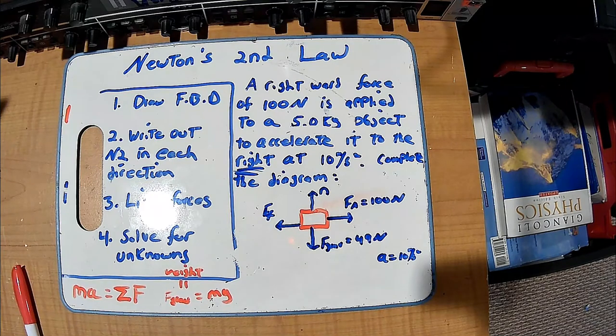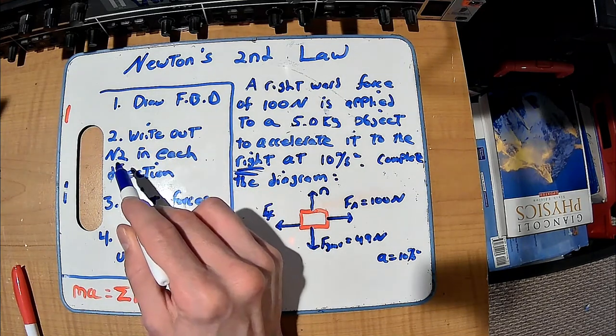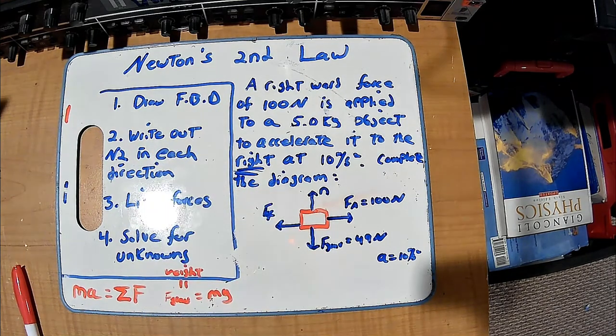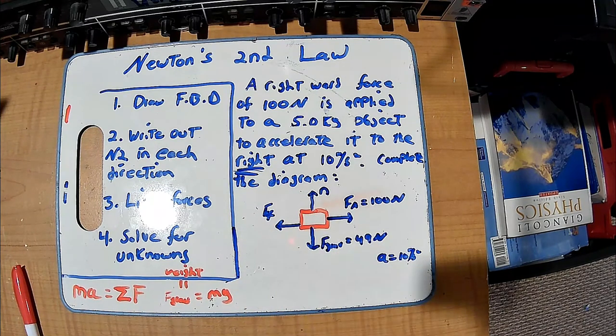Okay. Now, let's follow the second step here. It says write out Newton's second law in each direction. Now I'm going to start with the y direction, which is the vertical direction. And most of you might already know how to figure this out, but I'm going to write it out step by step anyway. So Newton's second law is right here. Mass times acceleration equals net force.